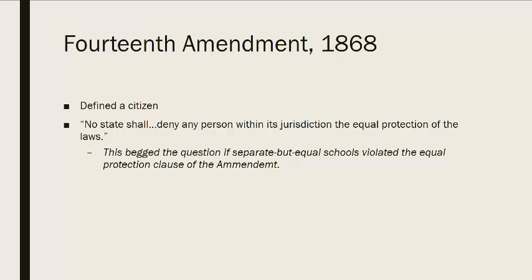And you need to understand the context in which the 14th Amendment was approved. This was 1868. The Civil War lasted from 1861 to 1865. As a result of the Civil War, there were three amendments passed, the 13th, 14th, and 15th.